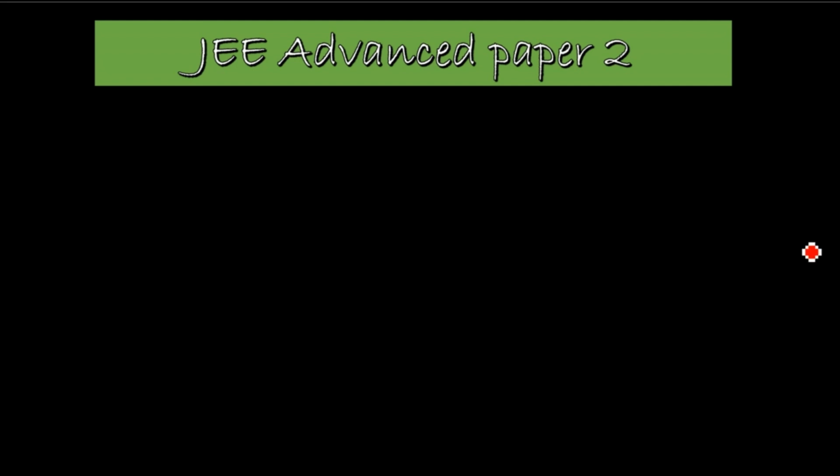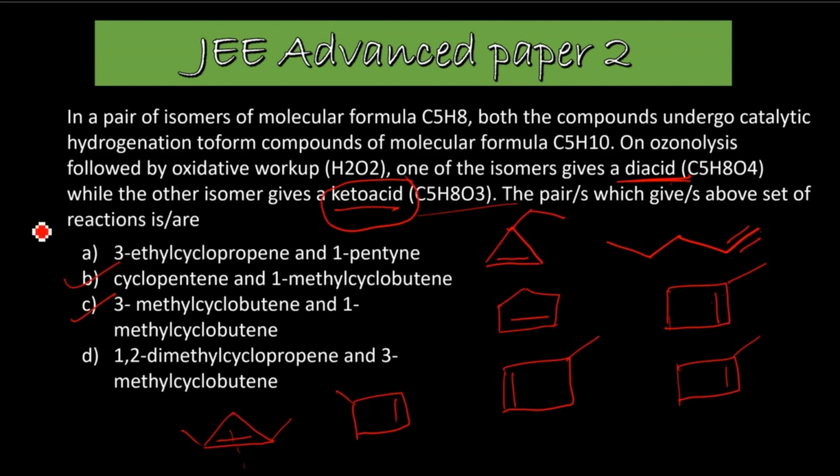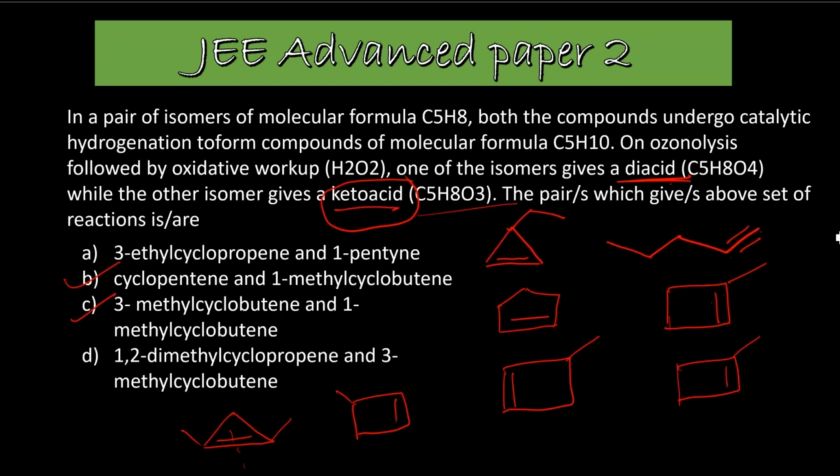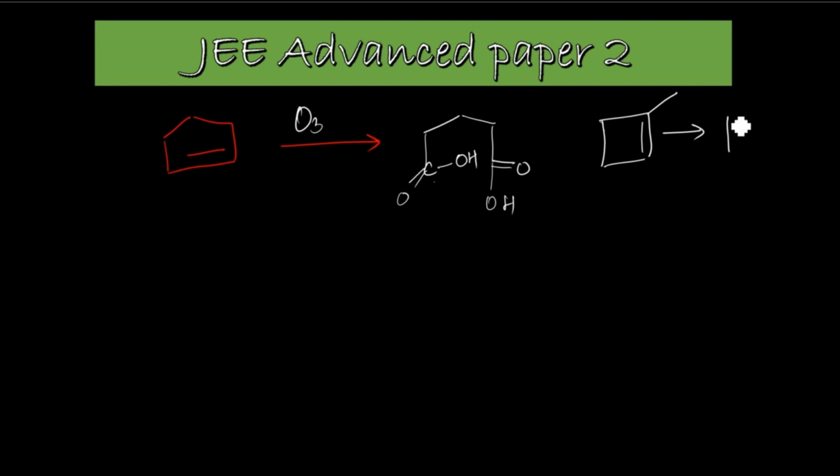So let me write the reactions also. Let me take B, cyclopentene. On ozonolysis, what will that give? The double bond will break. Put double bond O. They are saying this is undergoing oxidative ozonolysis, so which will give you carboxylic acid. And the other compound is like this. So upon oxidation, put double bond O, and here I am having the COOH group.